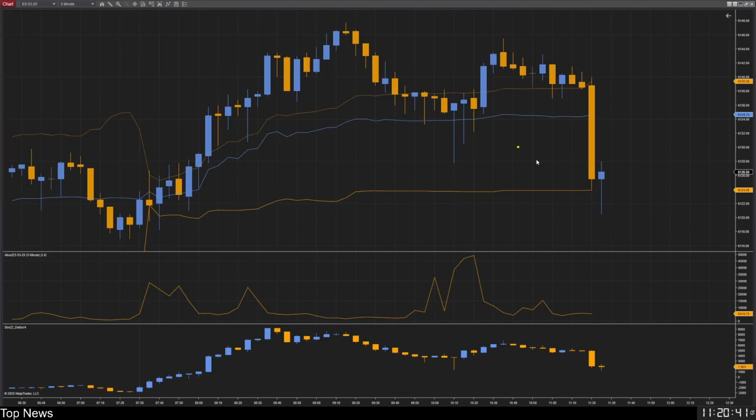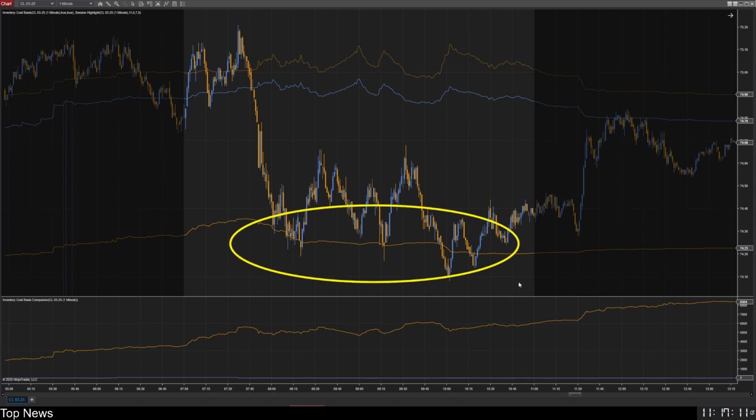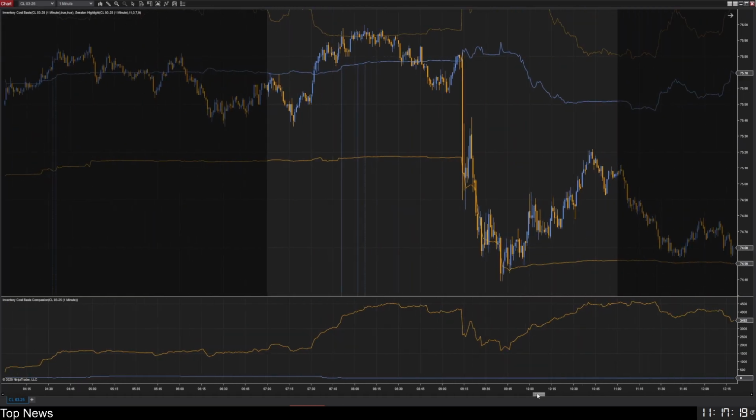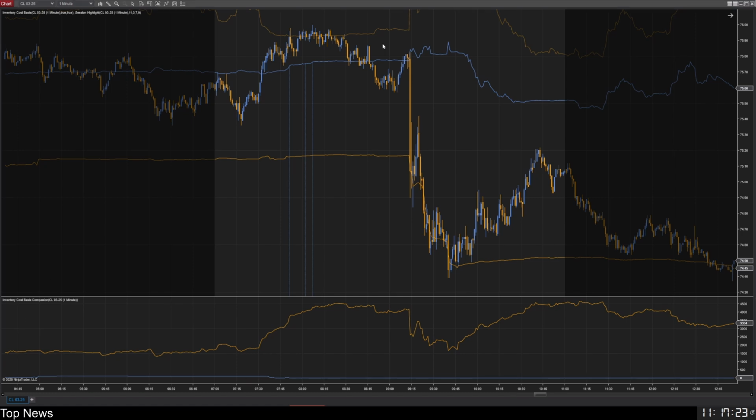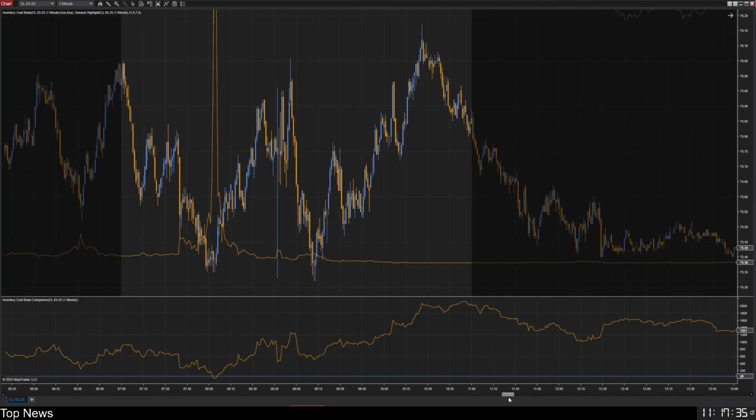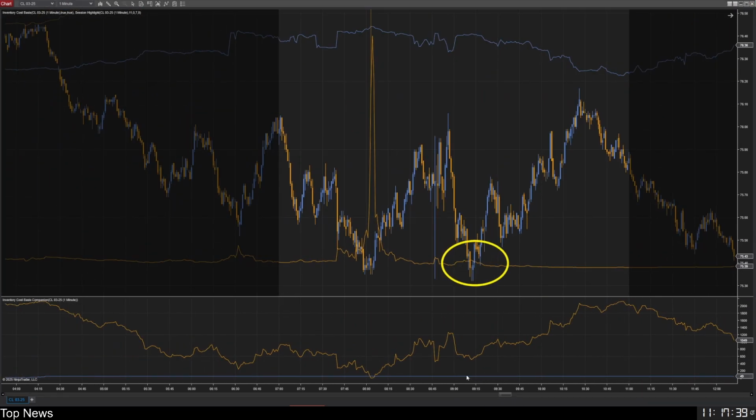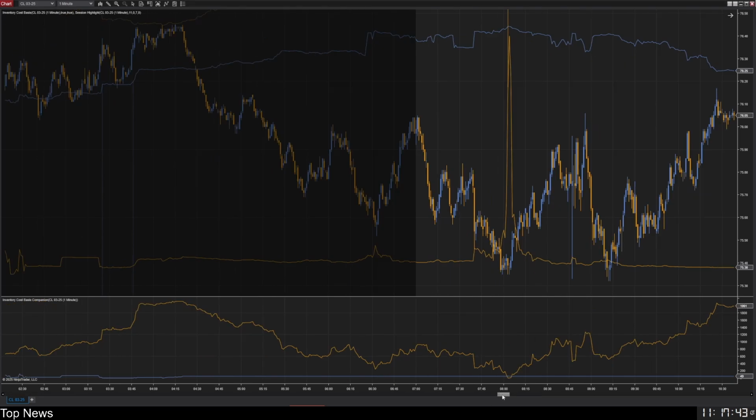And the way that we calculate this is by modeling best and worst case scenarios based on the volume seen in the market. One scenario where the market maker is only adding long inventory, and one scenario where they only add short inventory. So the solid blue line is the cost basis for a long only market maker, and the orange line is the cost basis for a short only market maker.